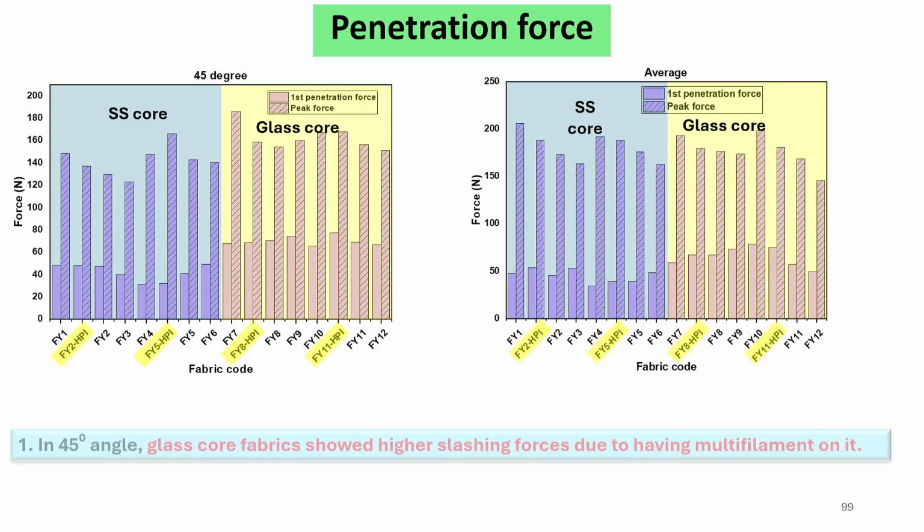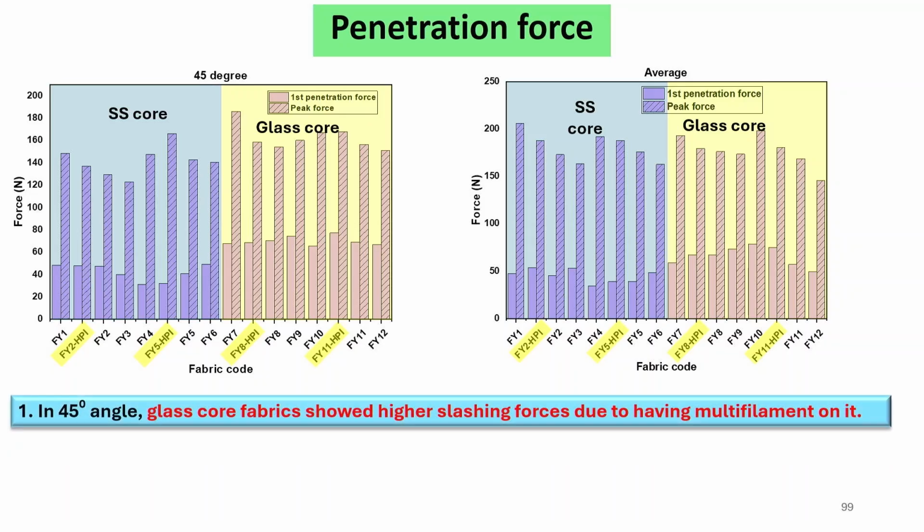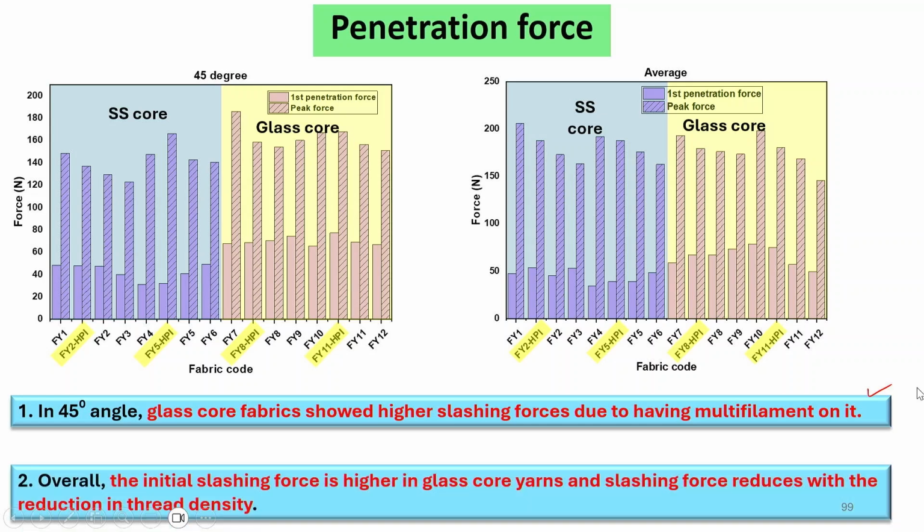At 45-degree glass core fabrics show higher slash force due to having multi filament, but in case of SS core we have single filament. Overall the initial slashing force is higher in glass core yarn, and slashing force reduces with the reduction in thread density. This is the overall trend.